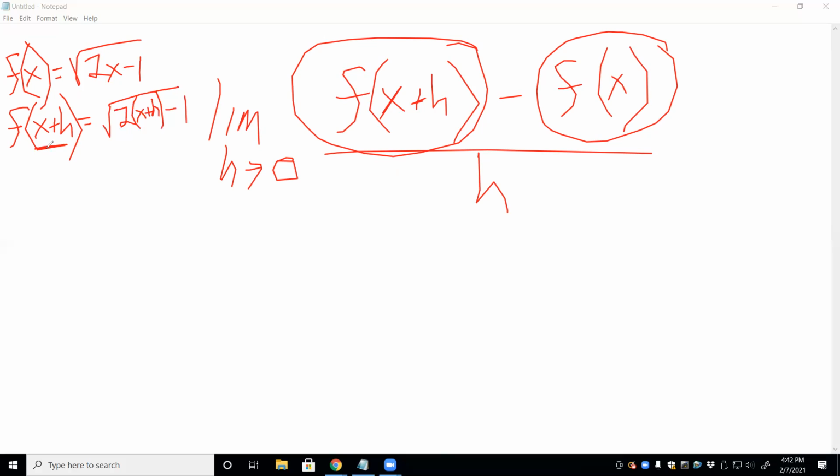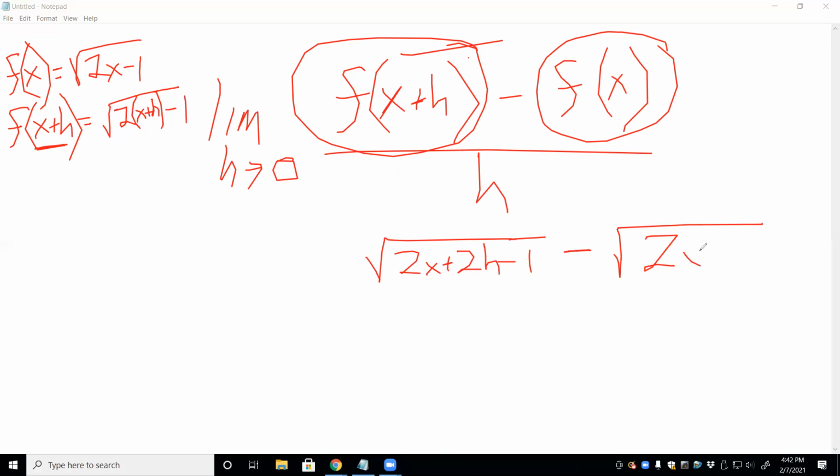Now that becomes the square root of 2x plus 2h minus 1, and then I subtract from that the square root of the original function, 2x minus 1. I put it all over h, and then take the limit of that as h goes to 0.